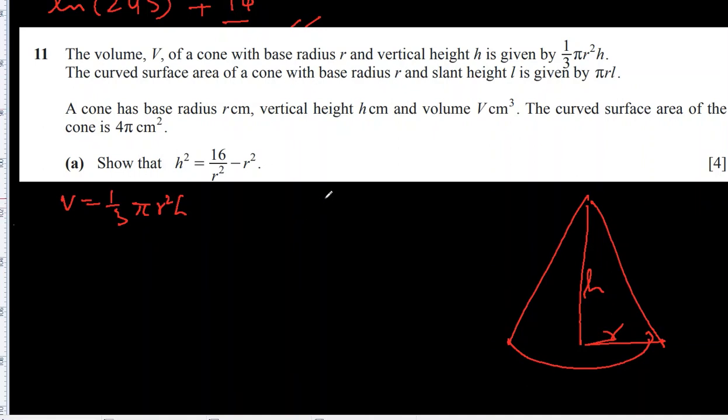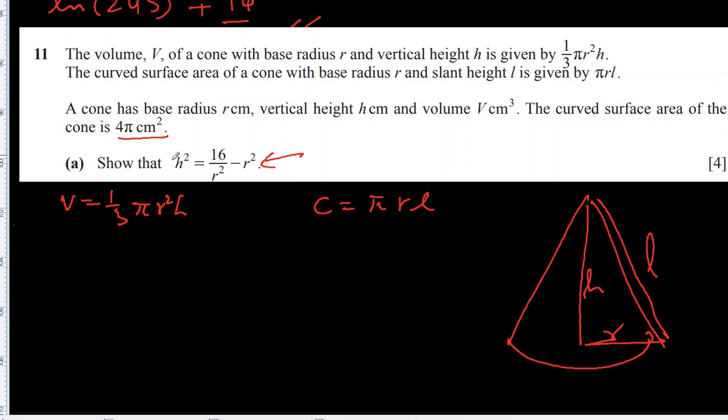The curved surface area is pi RL. L is this length. Okay, a cone has all these characteristics. The curved surface area of the cone is 4 pi centimeter squares. Show that h square equal to this we have to write.